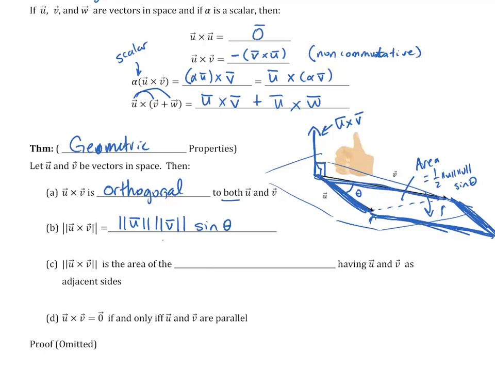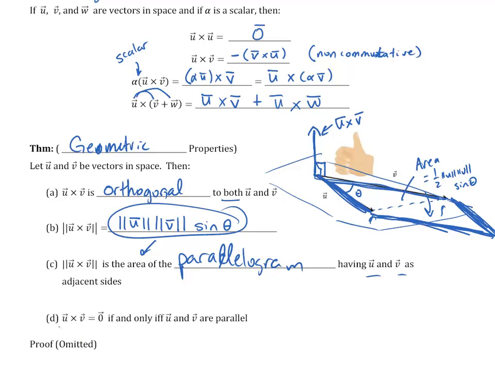So that right here, this formula, is the area of the parallelogram having u and v as adjacent sides. So we can find the area of parallelograms in the plane by simply using cross products and then taking the magnitude of the cross products to do so. So that's one of the homework examples we're going to be looking at here in just a second.